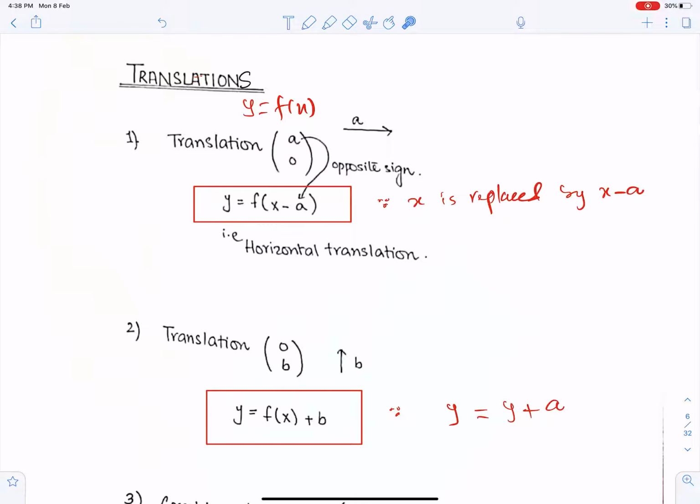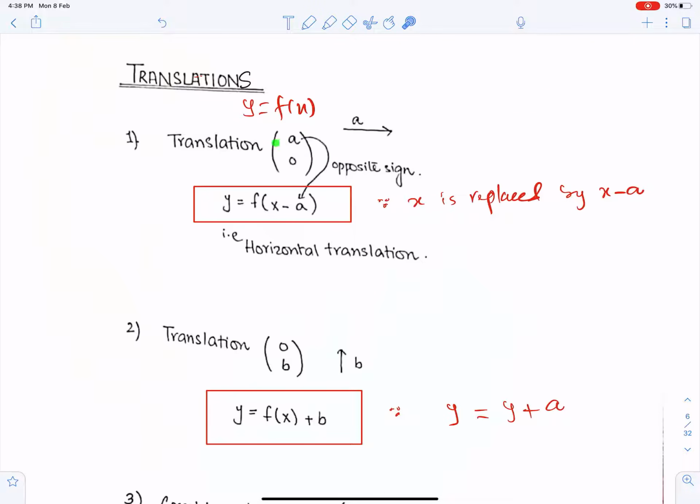Translations. Since the vertical component of this translation vector is 0, therefore you can call this translation as horizontal translation. So this positive a, if this is the equation of the object, then by replacing this x by x minus a here, we can get the equation of the image. Make sure you will use the opposite sign. I mean, this is positive a, so you will use minus a.